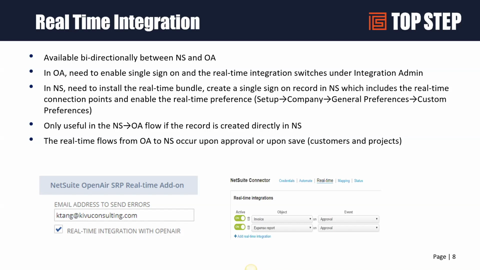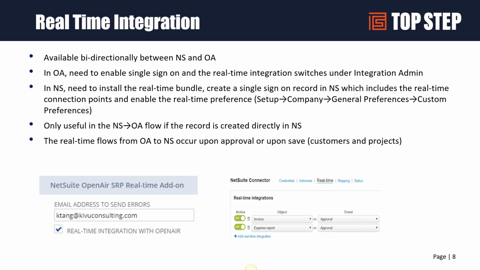There's some setup and enablement that needs to happen inside of OpenAir for this to happen. And then there's a NetSuite real-time bundle that needs to be installed inside of NetSuite to help facilitate the real-time connection. And this real-time connection can be bi-directional as well.